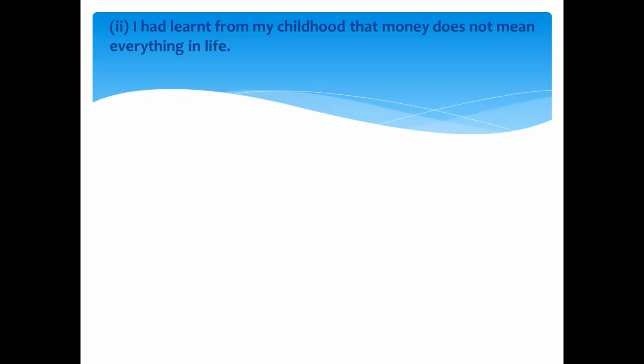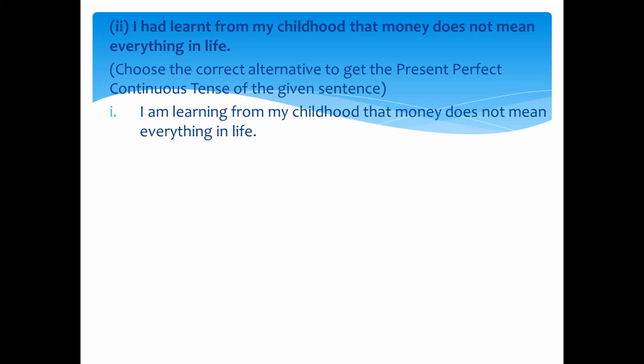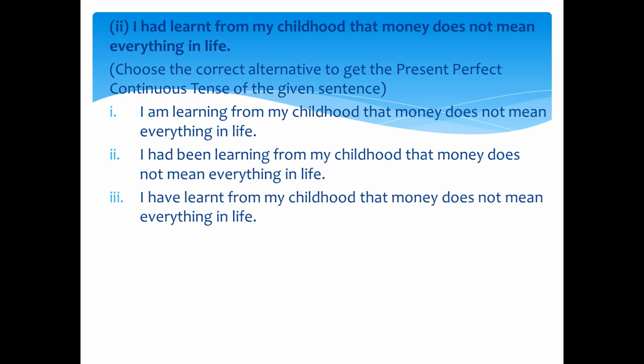Second: I had learned from my childhood that money does not mean everything in life. Choose the correct alternative to get the present perfect continuous tense of the given sentence. First, I am learning from my childhood that money does not mean everything in life. Second, I had been learning from my childhood that money does not mean everything in life.